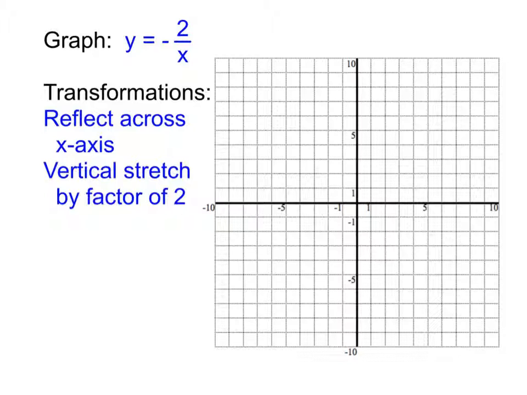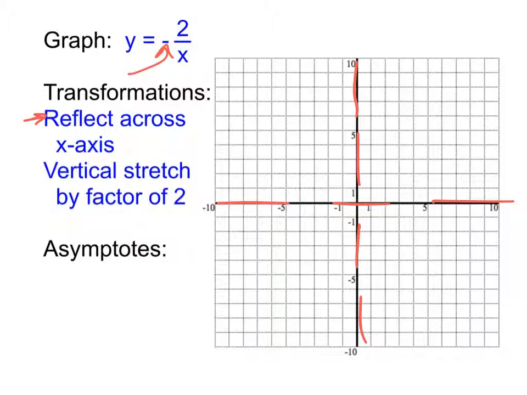All right, so now that we know our transformations, the very first thing I do when graphing a reciprocal function is I draw the asymptotes on. And as you may recall from yesterday's work, our asymptotes normally live at 0. Both horizontal and vertical. Well, in this case, is the negative, that is our reflection across the x-axis, going to change where either of those asymptotes are?